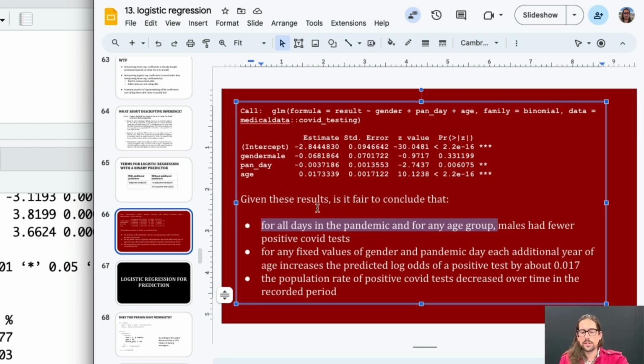So I can find you in this data set a day and an age group where males actually had more positive COVID tests. That doesn't mean that the coefficient is wrong. The coefficient is just averaging over different days and age groups. So just because this is negative, even though it's conditioned, doesn't mean that this is actually the truth, and that this model actually represents the true data generating process. If it did, then yes, this would be a true statement. But you can just look at the data and see that this is actually false.